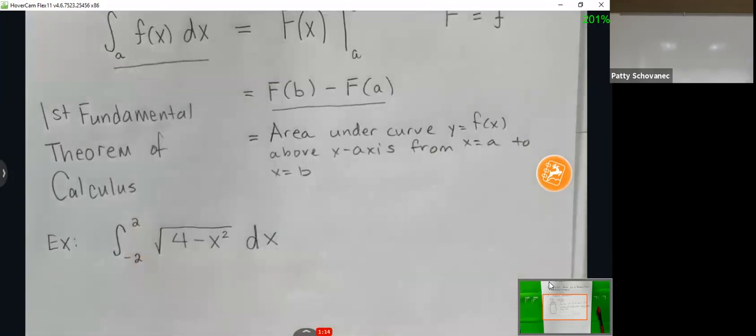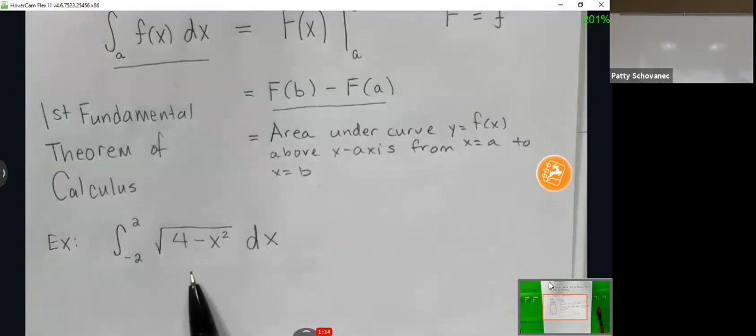We don't know how to compute this antiderivative because of the square root sign. I can't just go in the square root sign and get a 4x minus x cubed over 3 and then put the square root sign back on. Can't do that. And I can't take the square root of each term. So what I want you to do is think about the geometry of this. I'm describing here with an integral sign an area under a curve.